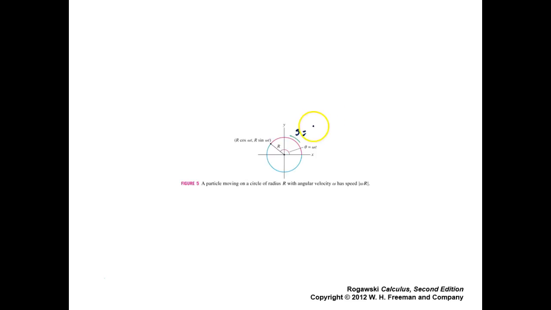Remember how we define a radian? The ratio of arc length to radius. So arc length would be theta times the radius. So this would be r theta, as long as theta is measured in what?